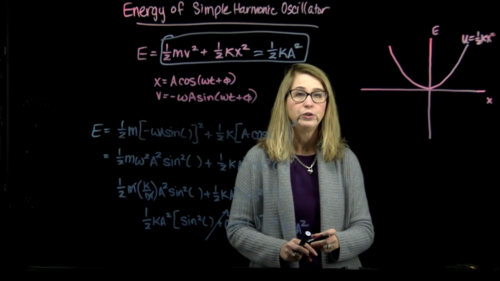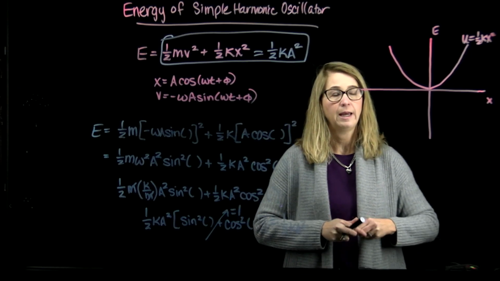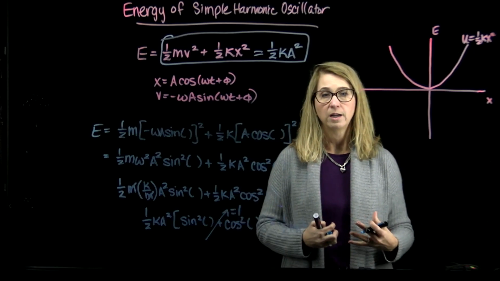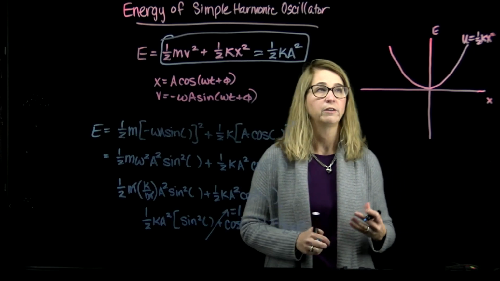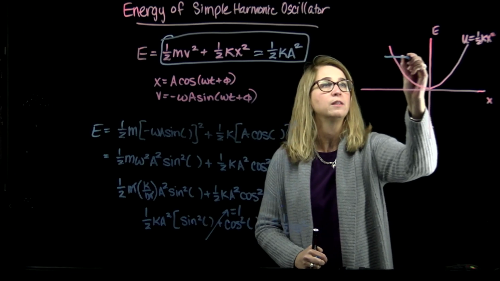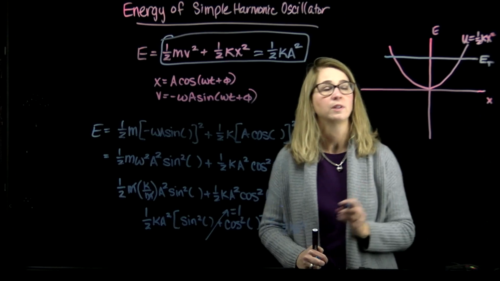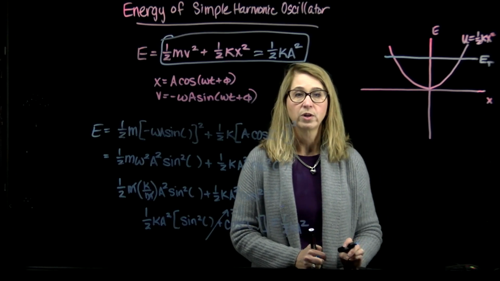And now what I could do is I could say, okay, let's imagine that we are allowing our oscillator to only have a certain amount of energy. So if we represent this as the total energy, that's a horizontal line.